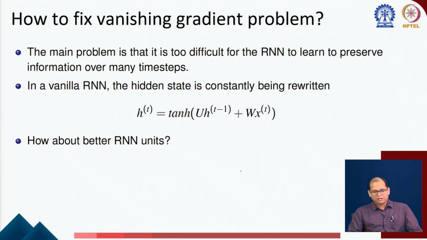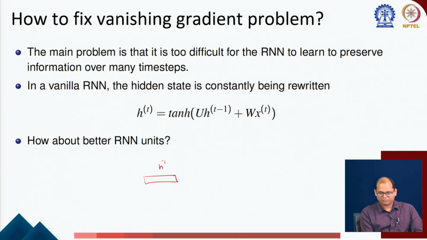Now, how do you fix this particular issue? So the main problem is that suppose at some time step, say when you say tickets, you had some hidden vector for tickets. Now what is happening every time?